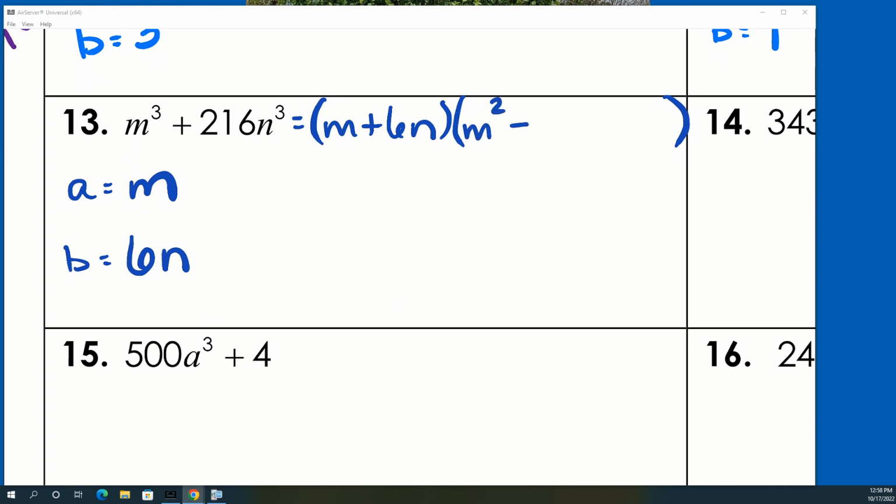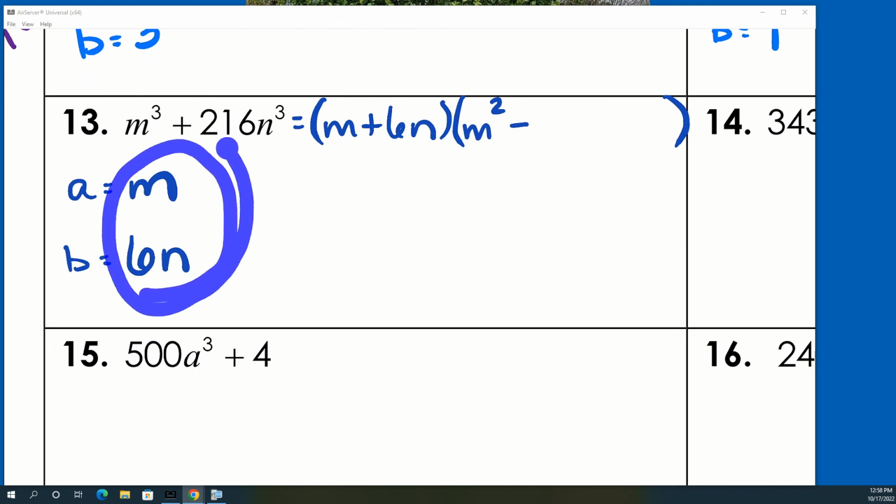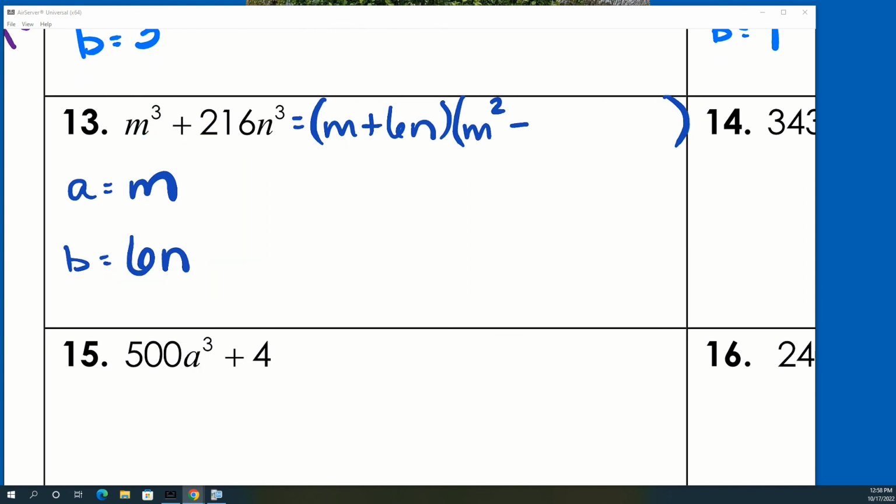Change the sign. Multiply these together, which I would write as 6mn. The last sign is a plus sign. And then we're going to square 6n, which means we're going to square 6, and we're going to square n. And that's it.